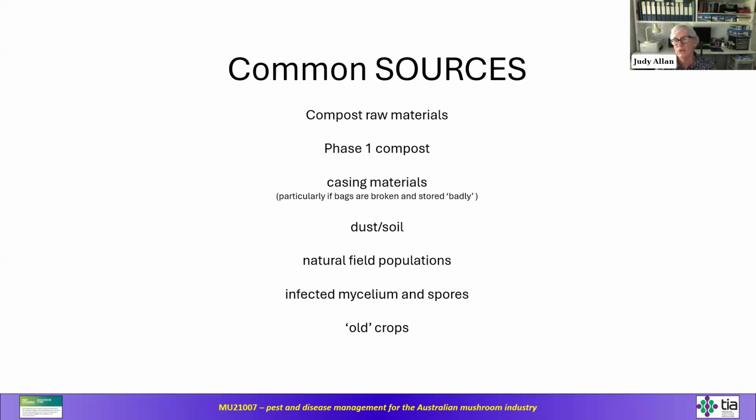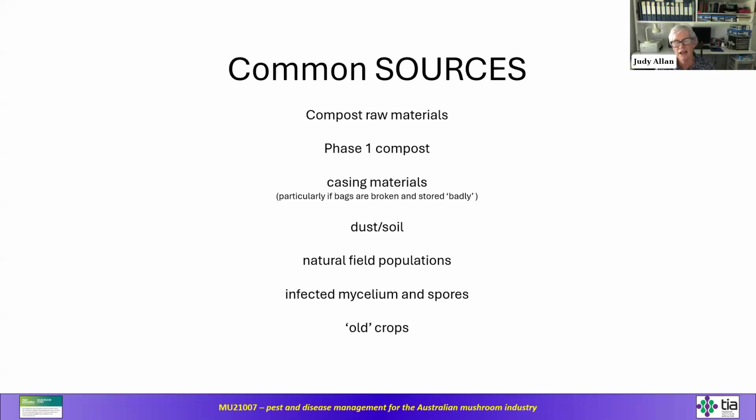Then there's dust and soil; in another session we're going to talk about farm dust, because it can vector things around the farm. Natural field populations are those flies that might live out in the environment, mites that live in the compost raw materials, nematodes, insect pests, things like that.